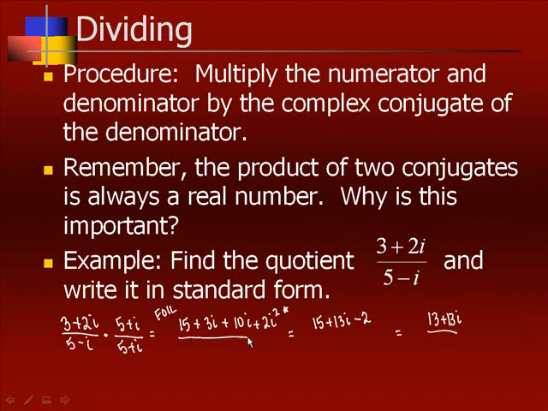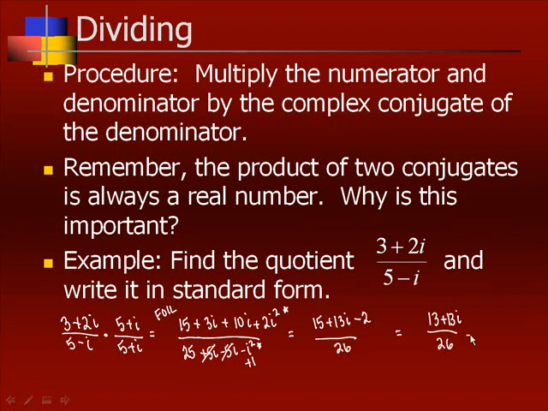Now down in the bottom, 5 minus I times 5 plus I, first two is 25, outer two is plus 5I, inner two is minus 5I, last two is minus I squared. Now, will that always work that the outers and inners will cancel? If you pick the correct conjugate, it will. Well, negative I squared becomes a negative times a minus 1, which would give us 26.